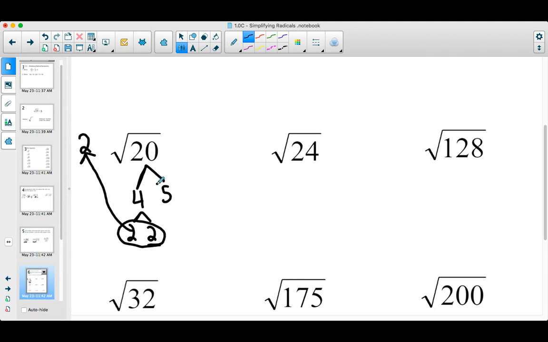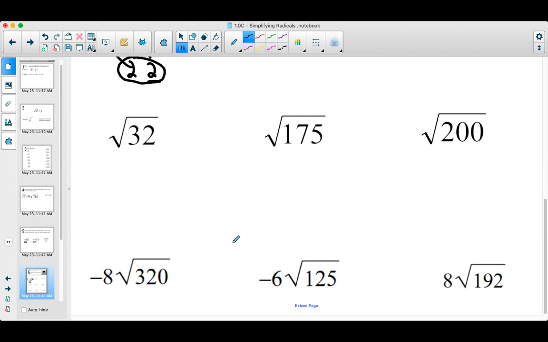This 5 does not have a friend to go along with it. I box him up, he's staying in for the night, he's not going out. So what we had for our answer was a 2 on the outside, and then a 5 stayed on the inside. 5 is a prime number, I cannot break that down anymore. This would be my final answer.